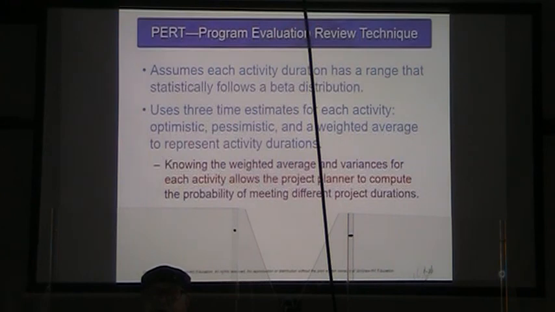So we use 3 time estimates for every activity: optimistic, pessimistic, and most likely, which they call a weighted average to represent activity durations. I would say the PERT estimate is actually the weighted average that represents our activity durations.